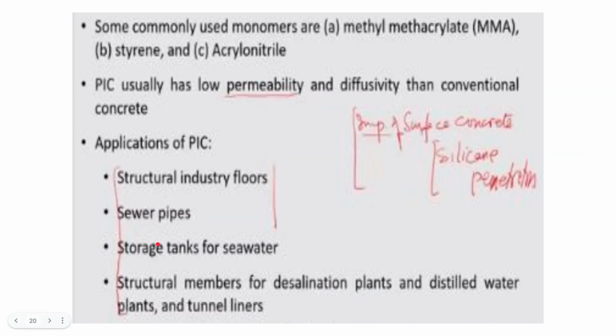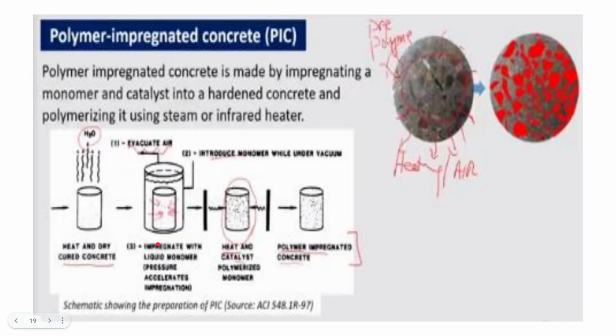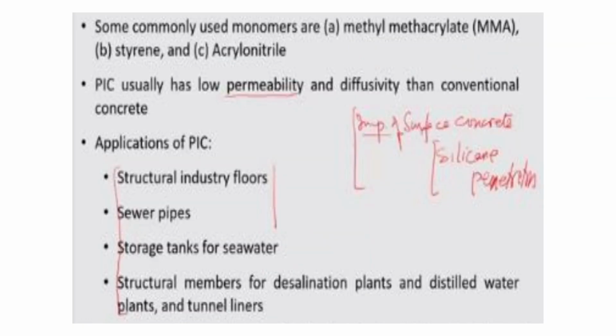Some commonly used monomers, as we studied just before, are MMA, that is methyl methacrylate, styrene, and acrylonitrile. PIC usually has lower permeability and diffusivity than conventional concrete.